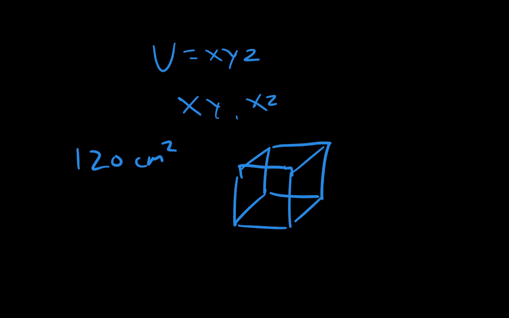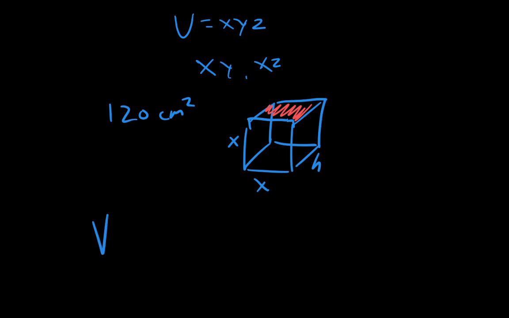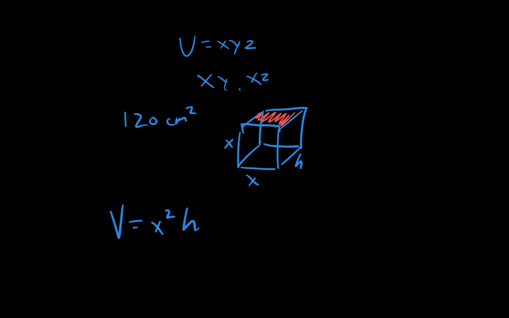So that would be this part is missing, and we can say that these two are X and that one right here would be H. So then our volume becomes X squared H, and our surface area is going to be our total areas of each of the faces.